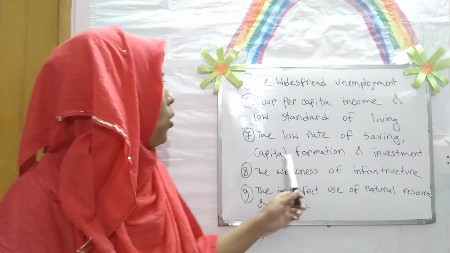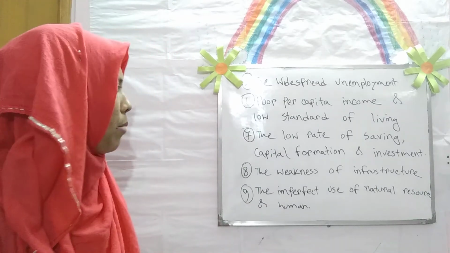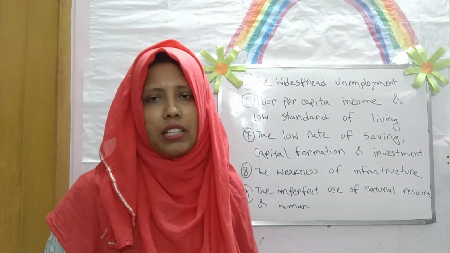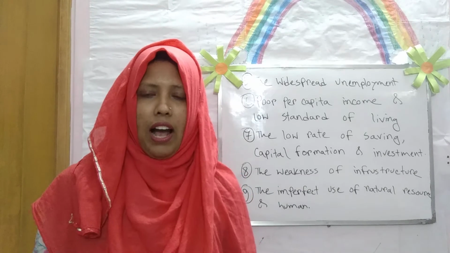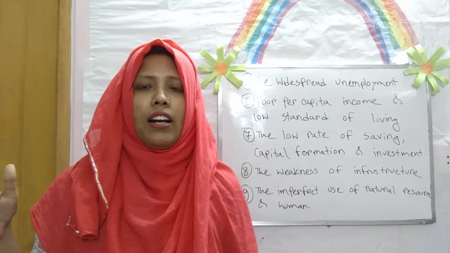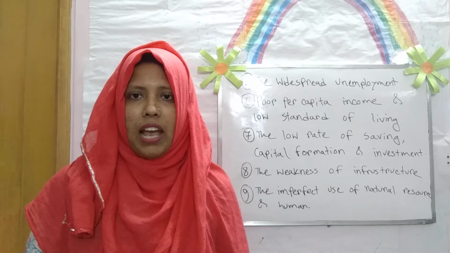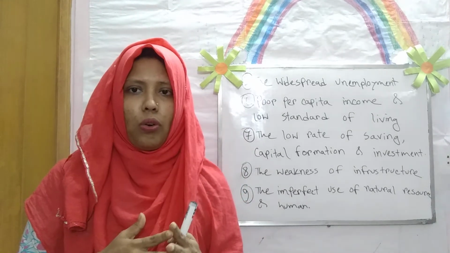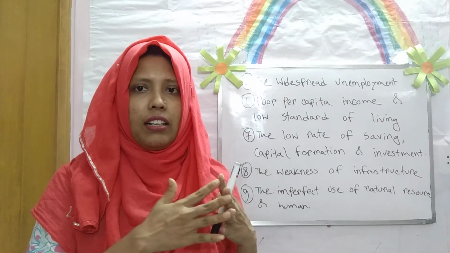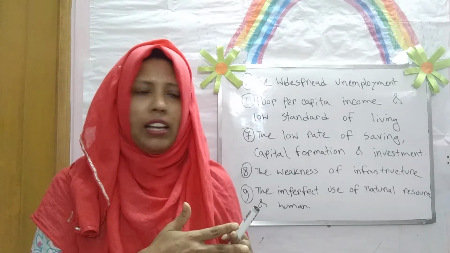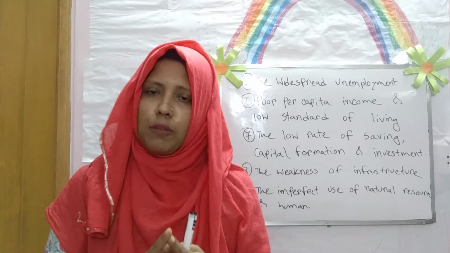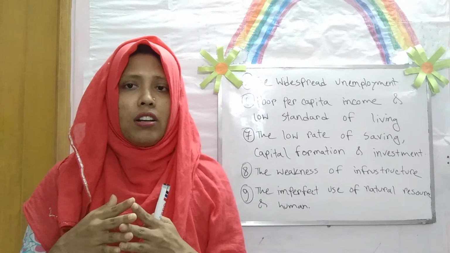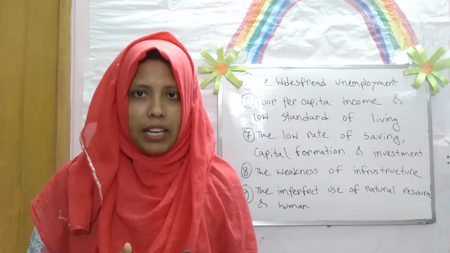After that, the low rate of saving, capital formation, and investment. If our income is not so high, people cannot save properly, and their saving is low. Because their saving is low, their capital formation is small, and they cannot invest a big capital.